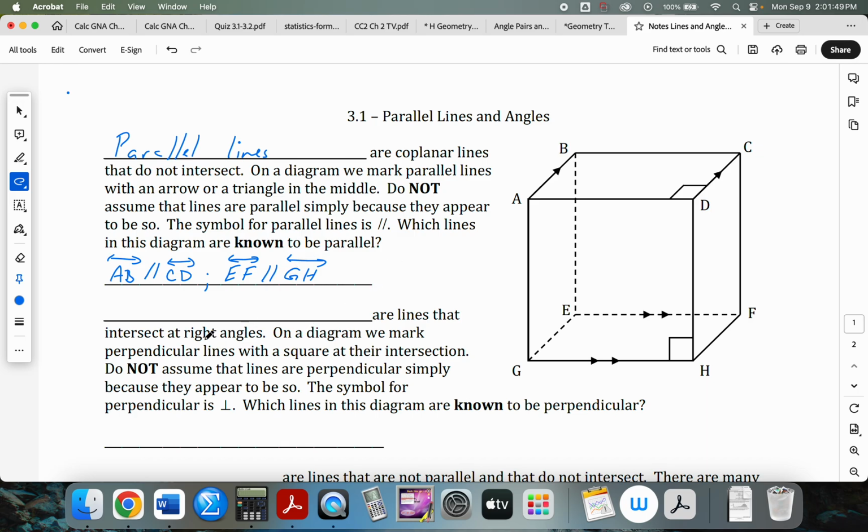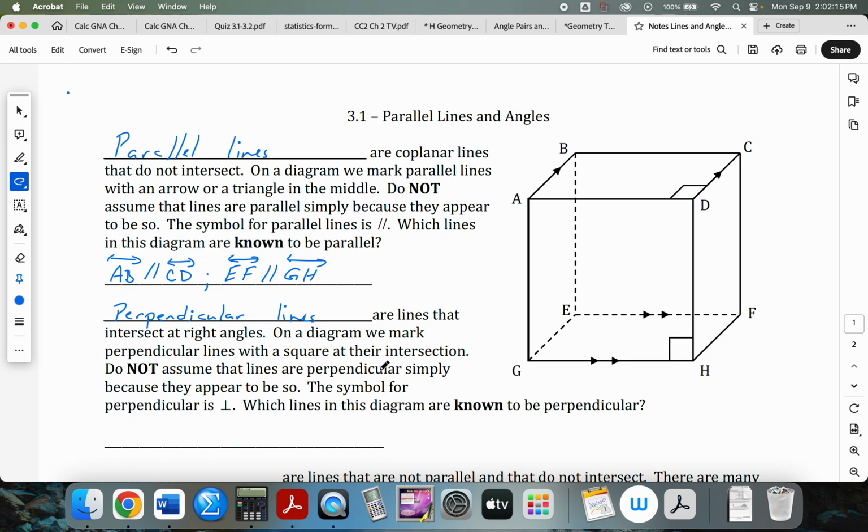Another type of lines that you already know about are perpendicular lines. Perpendicular lines are lines that intersect at right angles. The way that we mark that is with a square near the vertex.